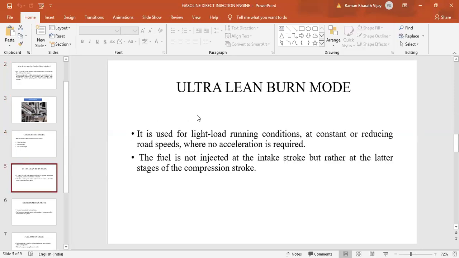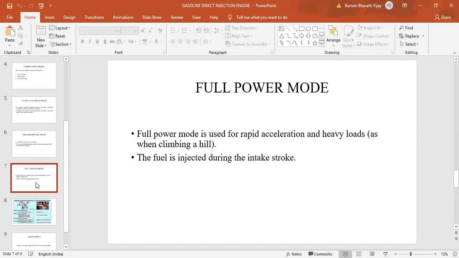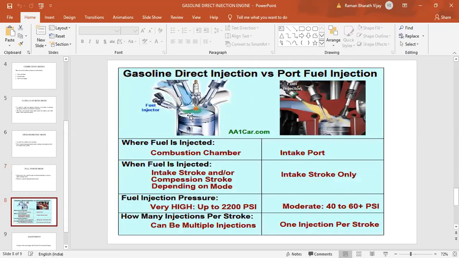Ultra lean is used at light load running conditions, and it injects only at the compression stroke, whereas stoichiometric injects at the intake stroke and carries the proper fuel-air mixture. It is used at moderate load condition, whereas full power mode is used at heavy loads, such as while climbing a hill. Lastly, we arrived at the difference between GDI and port fuel injection.